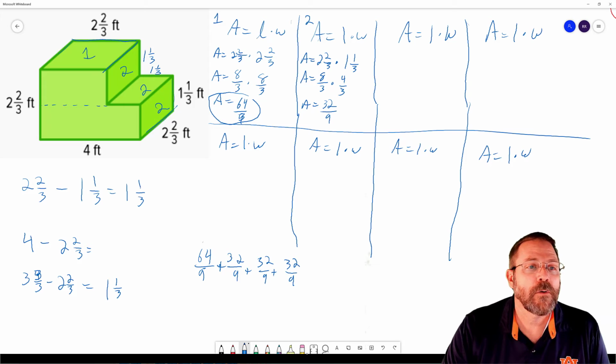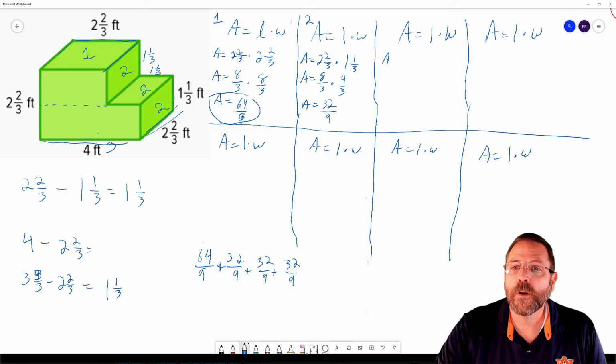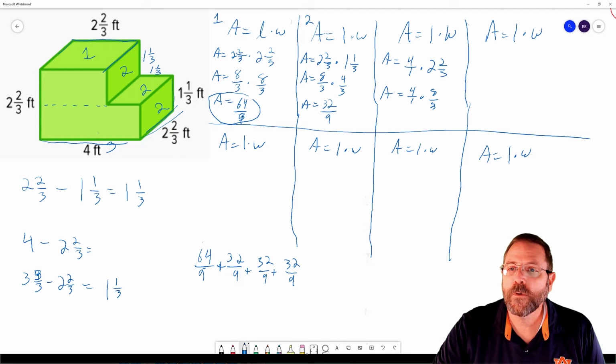The next rectangle I'm going to do is the bottom, and I'm going to call that bottom down here rectangle 3. It's going to be 4 by 2 2/3. So area is equal to 4/1 times 2 2/3, which means it's going to equal 4/1 times 8/3, which means it's going to equal 32/3.